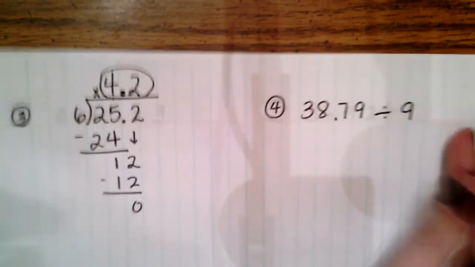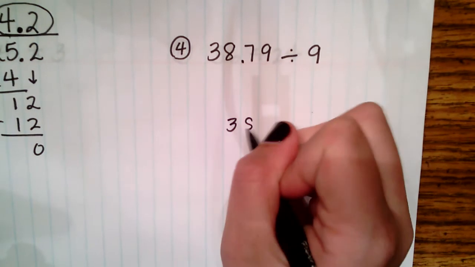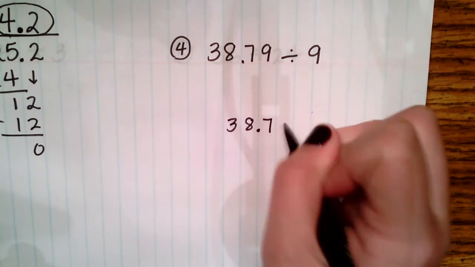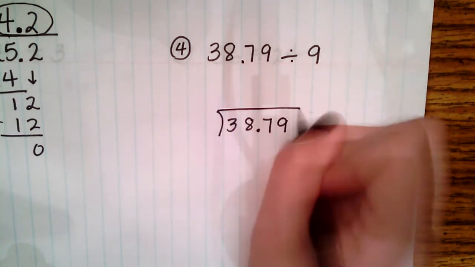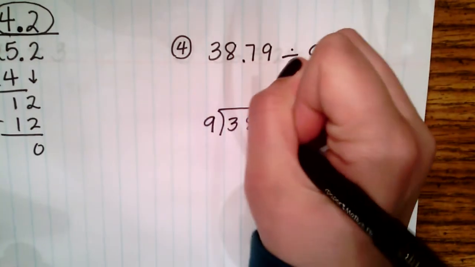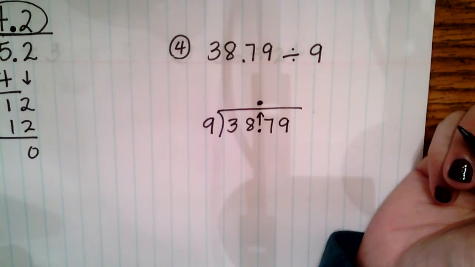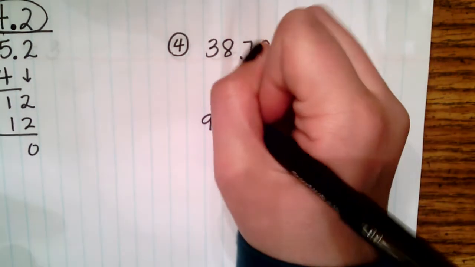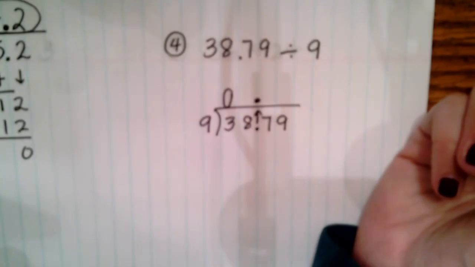Next I have 38 and 79 hundredths divided by 9. Float my decimal up from my dividend. 9 doesn't go into 3, it goes in 0 times.